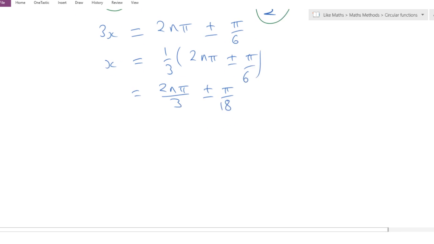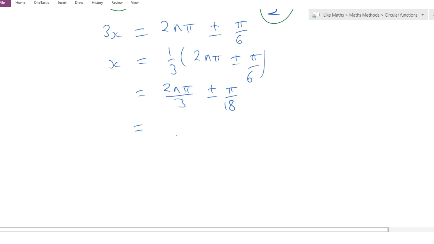scrolling up, and a bit of fraction work.